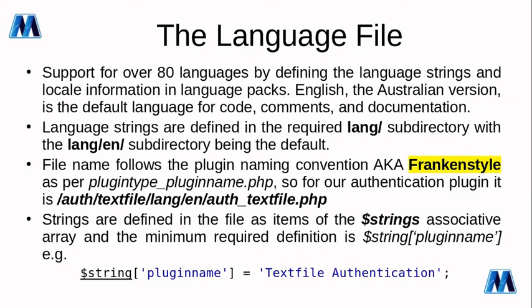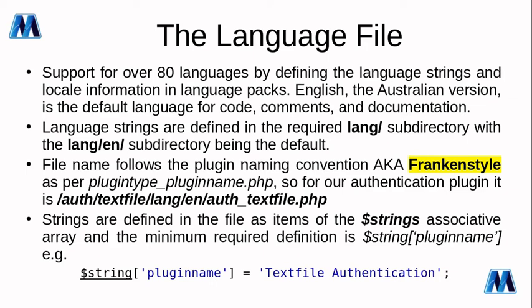The file name is basically your plugin's Frankenstyle name.php. So for the authentication plugin that we are going to develop, our language file will live in the auth_textfile plugin: lang/en/auth_textfile.php.